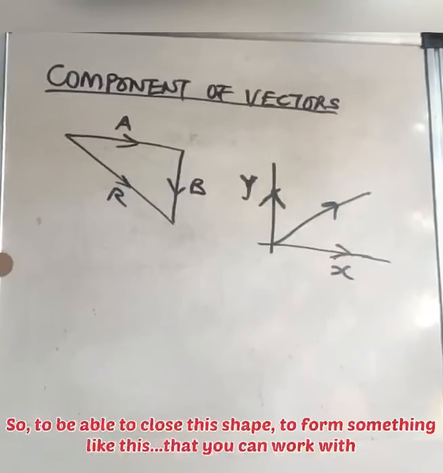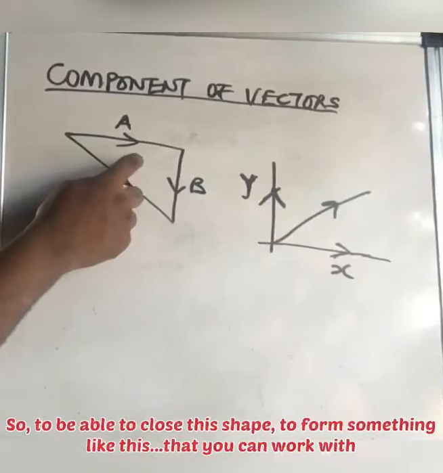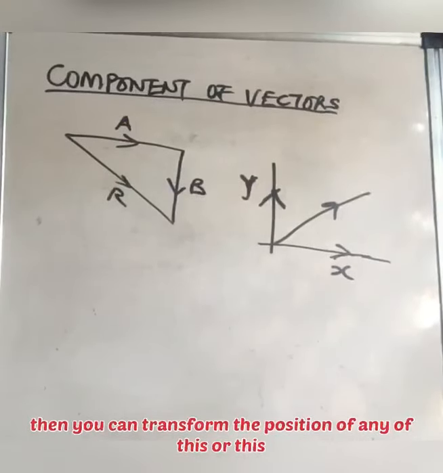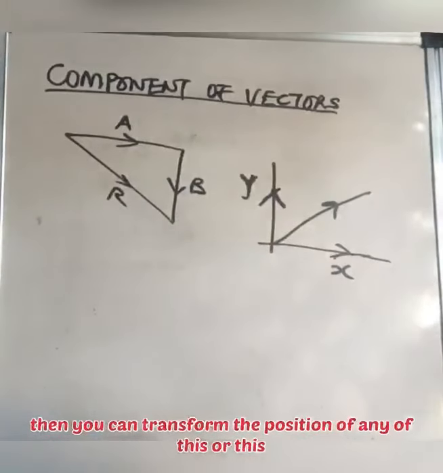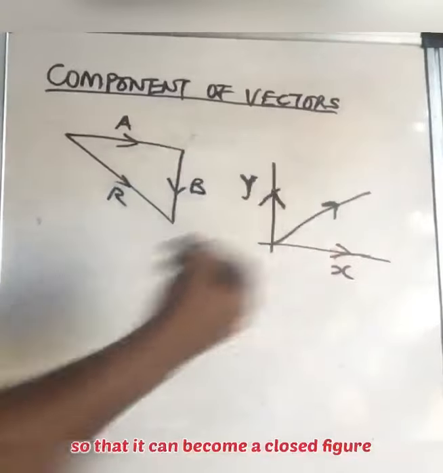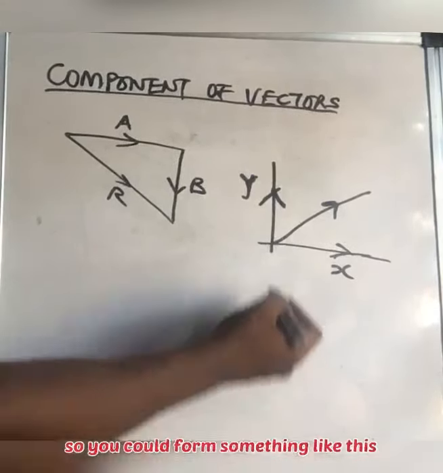To close this shape to form something you can work with, you can transform the position of any of these so that it becomes a closed figure, as I said earlier.